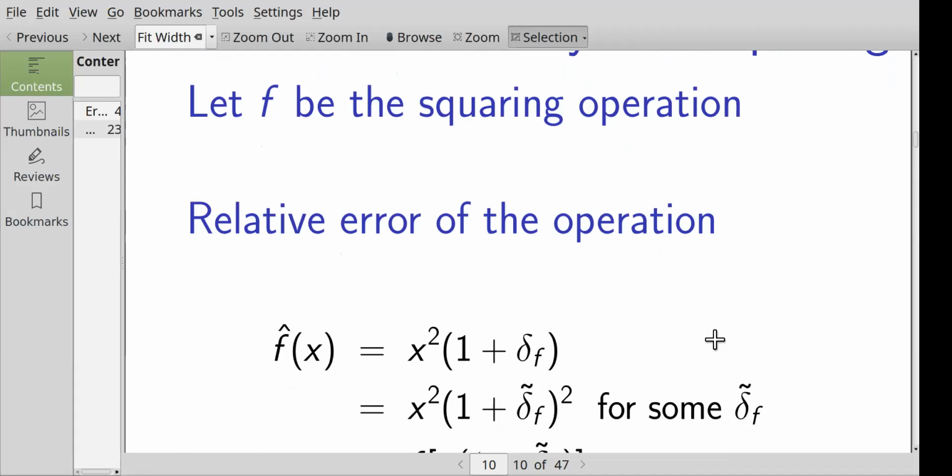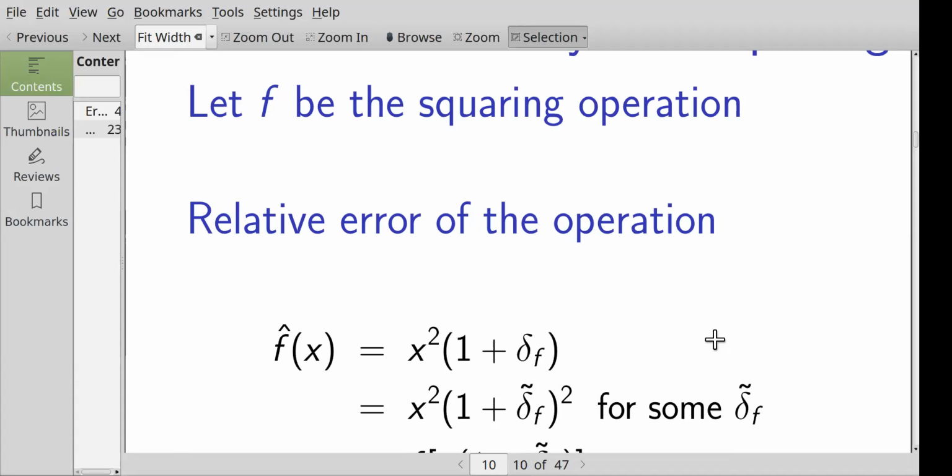So f hat is for the algorithm, and f is for the perfectly purely mathematical operation. Okay, so what we do is we say that f hat of x is x squared, the result that we actually want, times 1 plus an error which is related to implementing the operation with some algorithm.